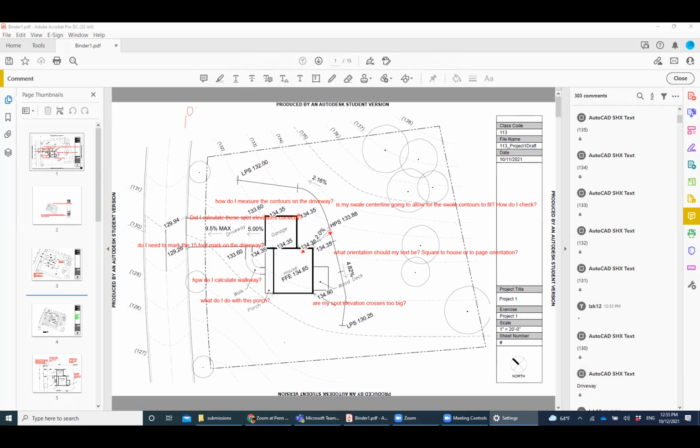Okay, it's connected. So how can I mirror this to yours? That's how I usually mirror something. Mirror.